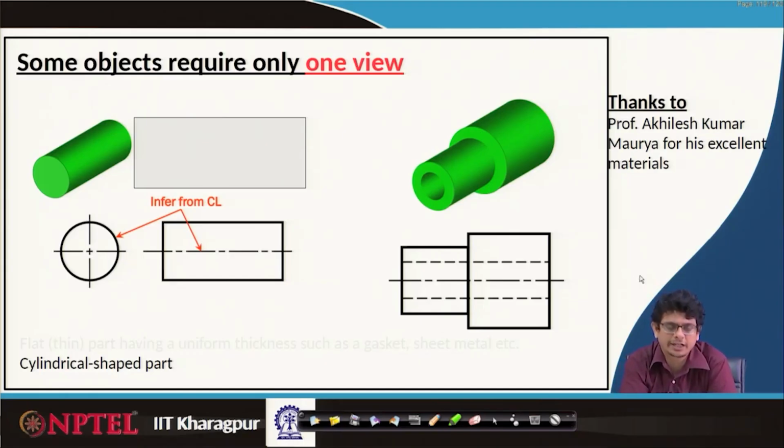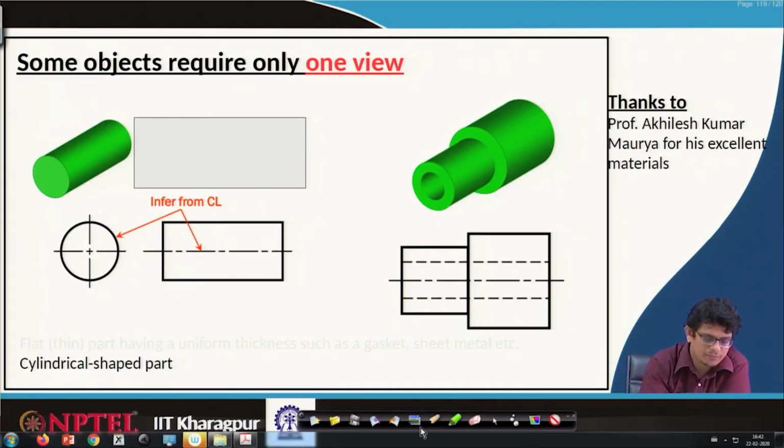Let us look at another example. We have these concentric kind of cylinders, steps. In turning operations using a lathe, one can construct such kind of steps.